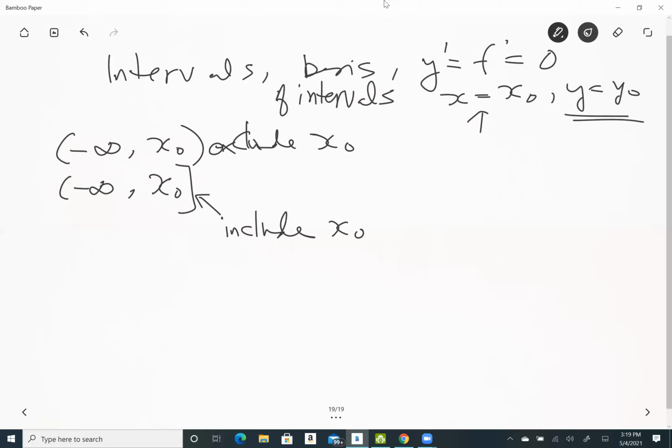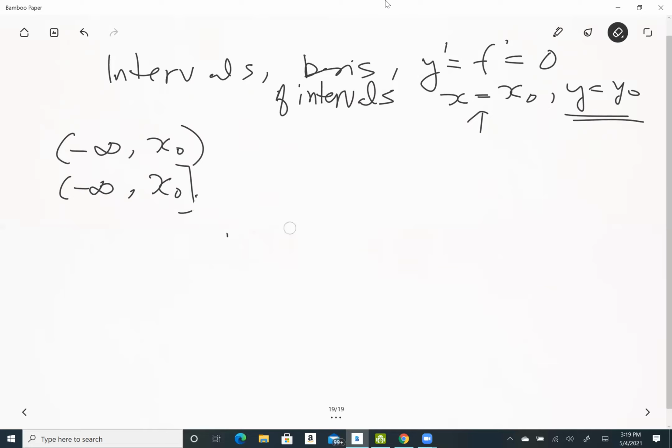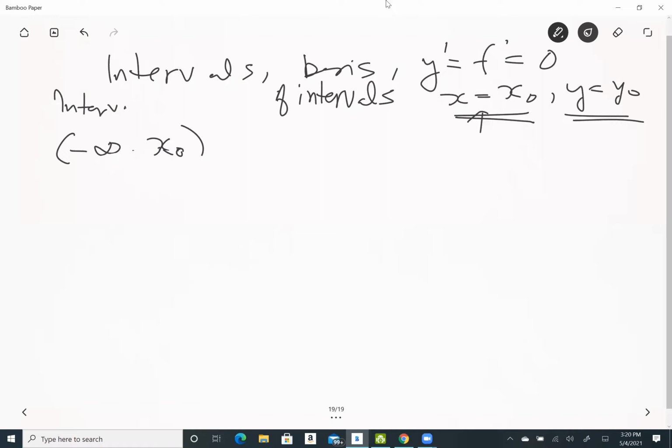So the intervals we're talking about would be that kind of interval. And if you go back to the graph, I have the critical point x0. So now you have the intervals, negative infinity to x0. And what about the f prime?